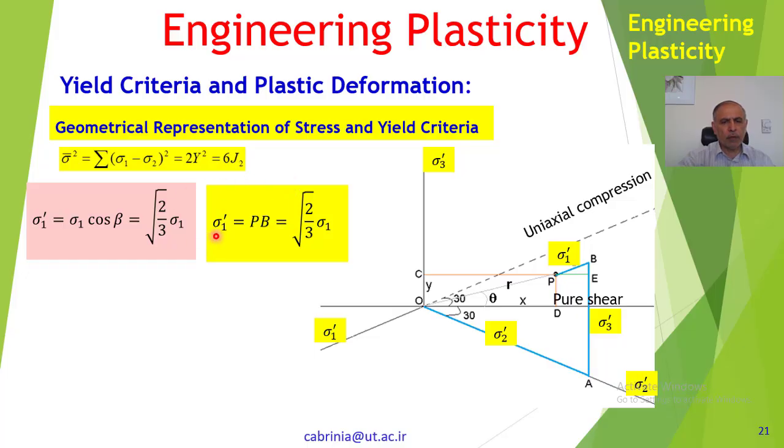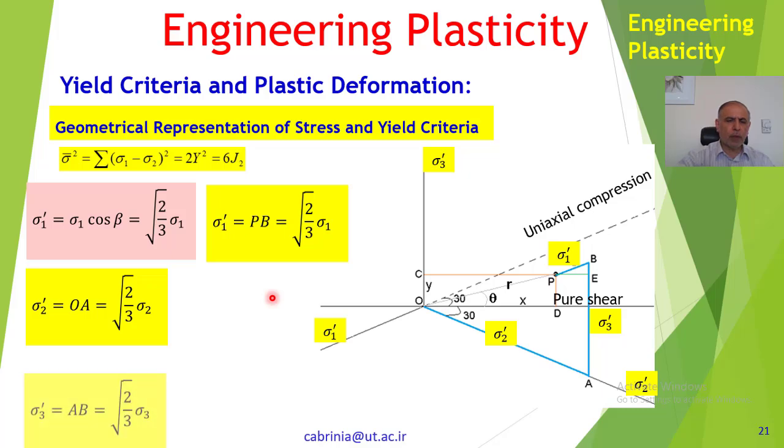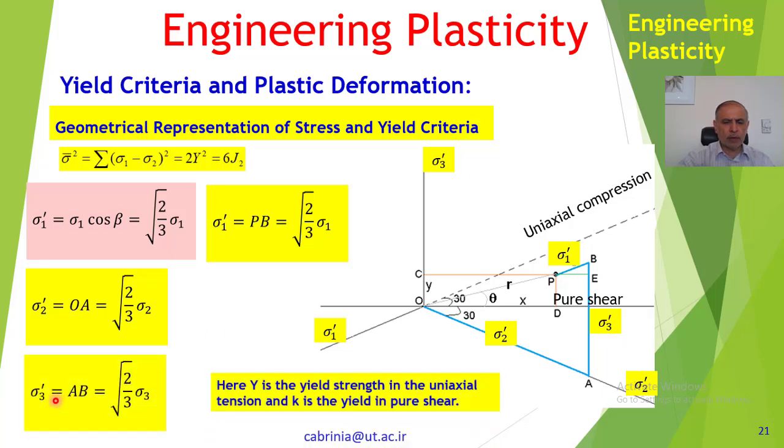Then sigma 1 prime here is PB. PB is sigma 1 prime and is root 2 over 3 times sigma 1. Similarly, sigma 2 prime is OA and is root 2 over 3 sigma 2, and also sigma 3 prime is equal to AB, which is root 2 over 3 sigma 3.